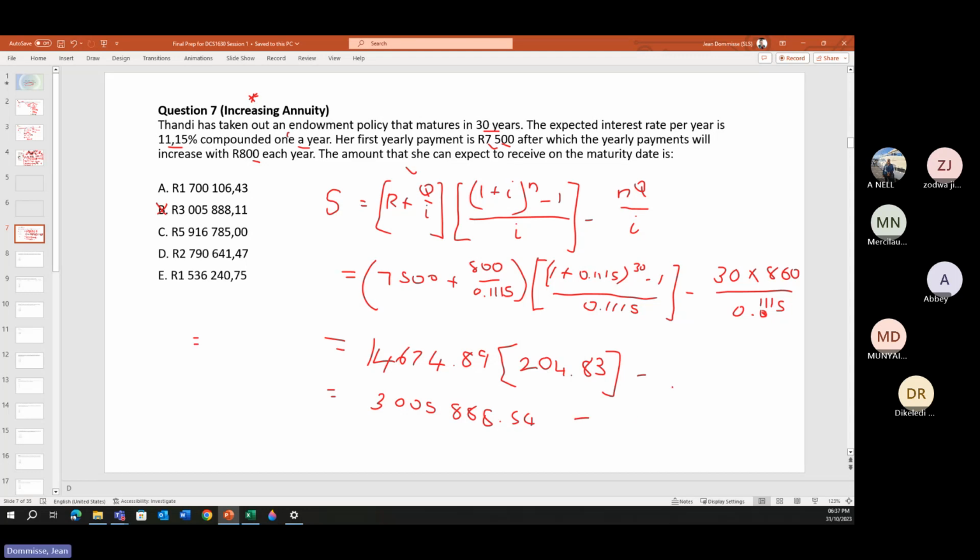I still need to subtract. So the 50 times 800 is 40,000 divided by 0.1115.